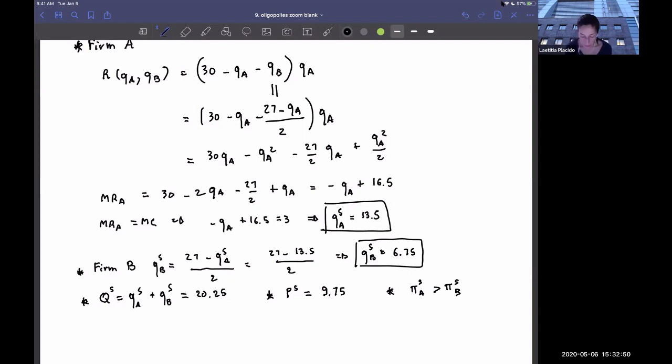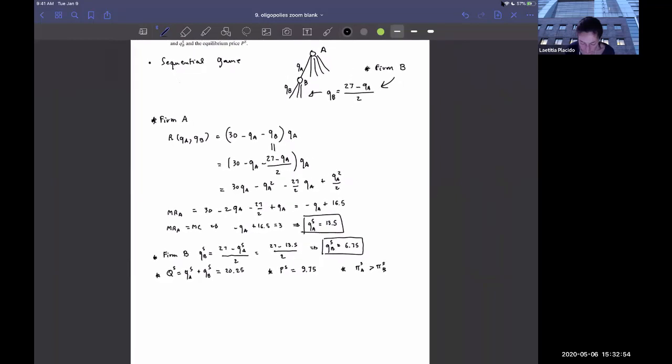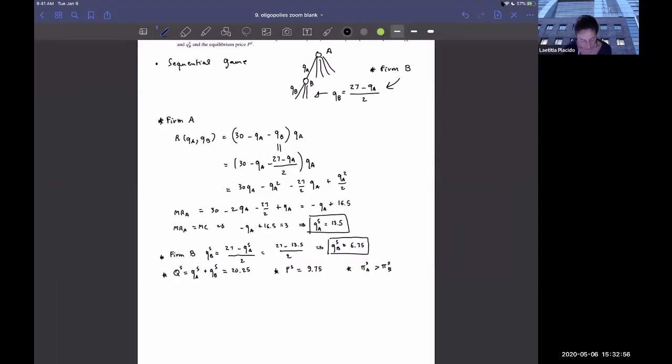All right, so that's the Stackelberg equilibrium. So we say, just a point of terminology, that in that case, there is a first mover advantage. It's not always the case.